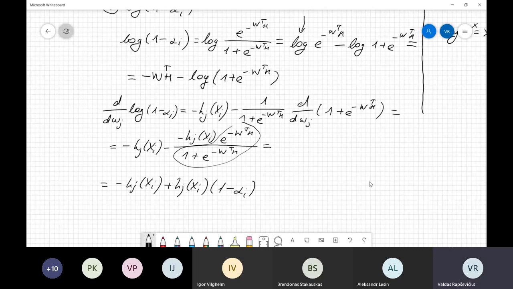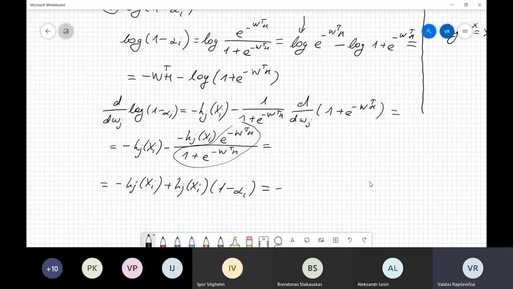Okay, good. Now, if we spread this out, minus feature plus feature times alpha, these two terms go away after this multiplication.